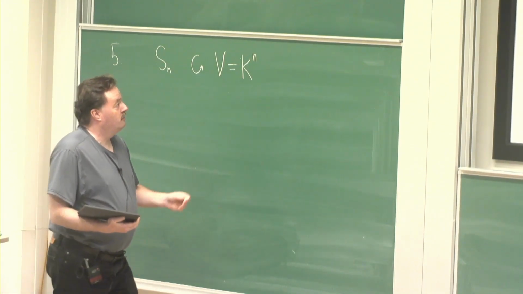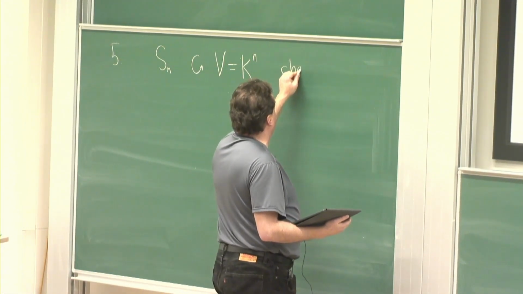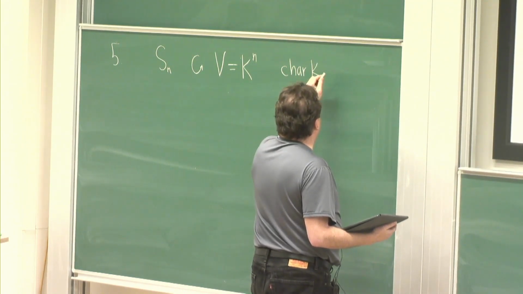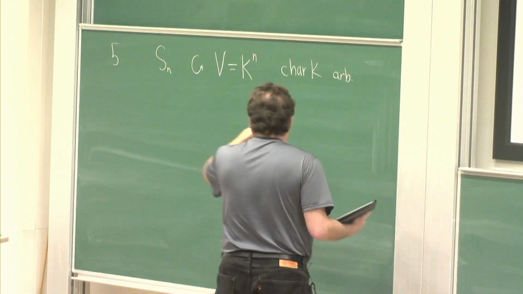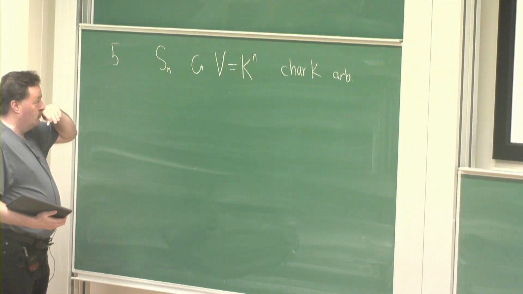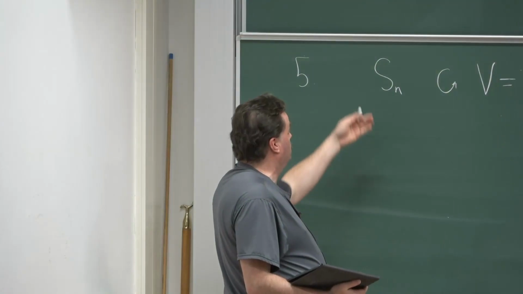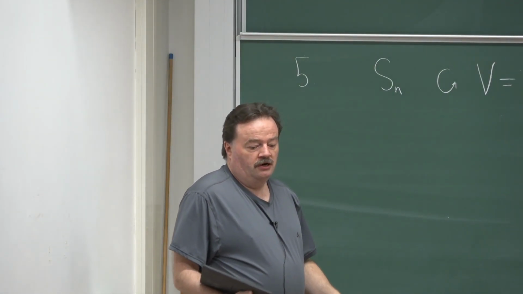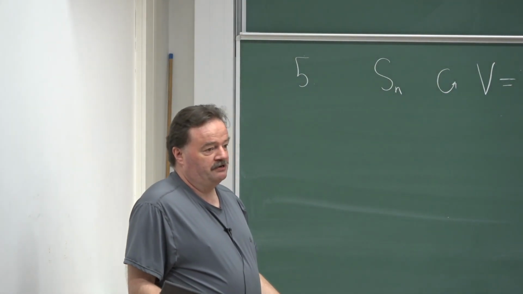And actually, for most of what I'm going to say, the characteristic of the field can be arbitrary. So we don't need linearly reductive. And last time I showed that the invariants for the symmetric group are generated by the elementary symmetric functions.